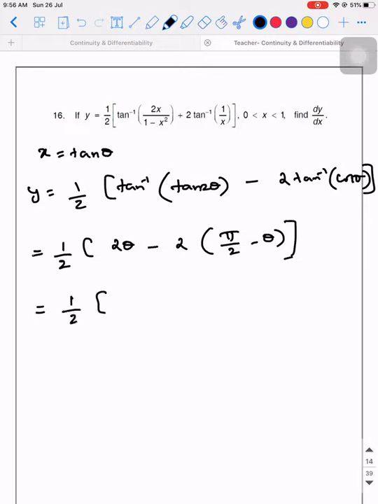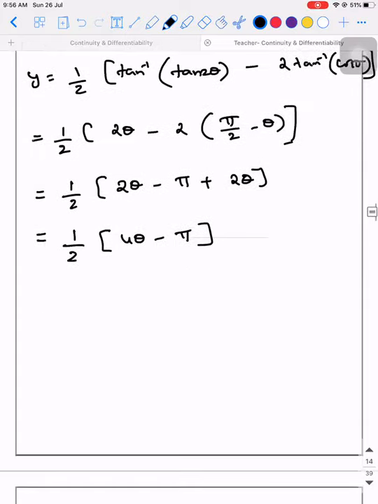So 1 by 2 into 2 theta minus pi plus 2 theta. What do you get? Theta minus... 4 theta minus pi. So dy by d theta will be equal to, but we need dy by dx now, not d theta.